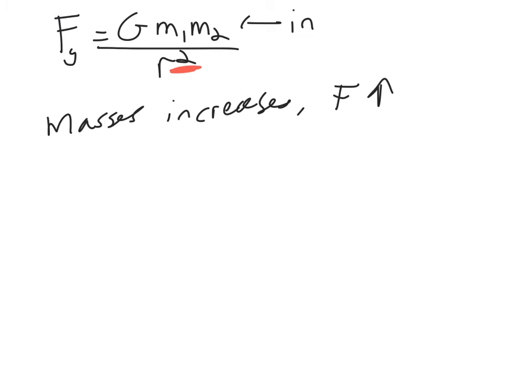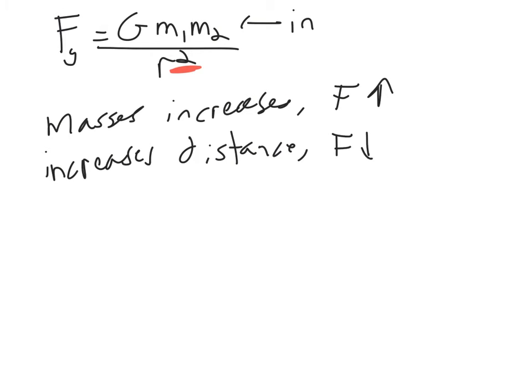That being said, if we increase the distance, which is that r on the bottom, the force decreases. They are inversely proportional, or sort of proportional to the square of that distance. So if one goes up, the other goes down. So the only way that we can sort of lessen the pull of gravity is either by decreasing the masses or increasing the distance. And we'll get to some variables with that here in a second.